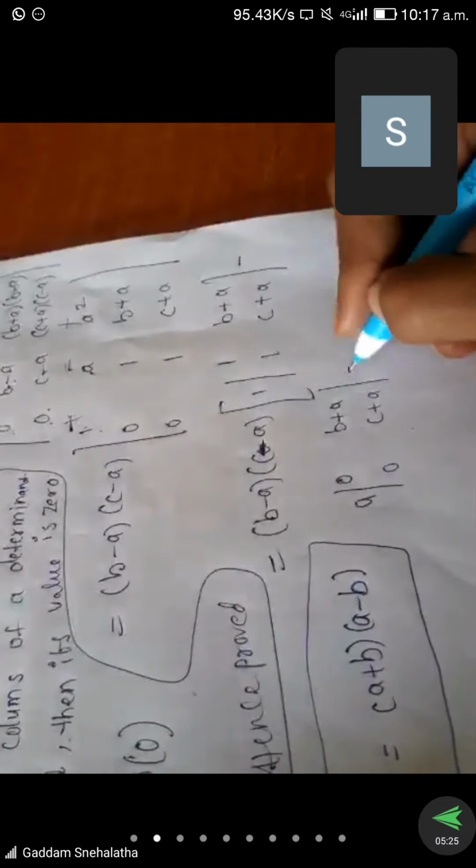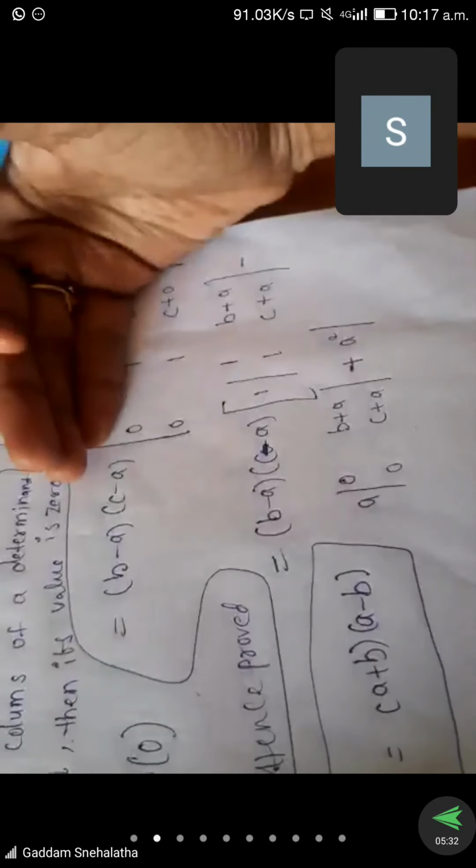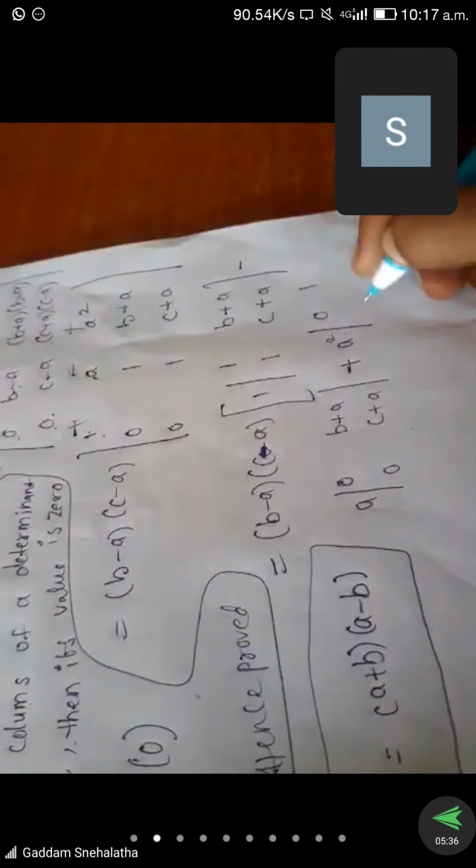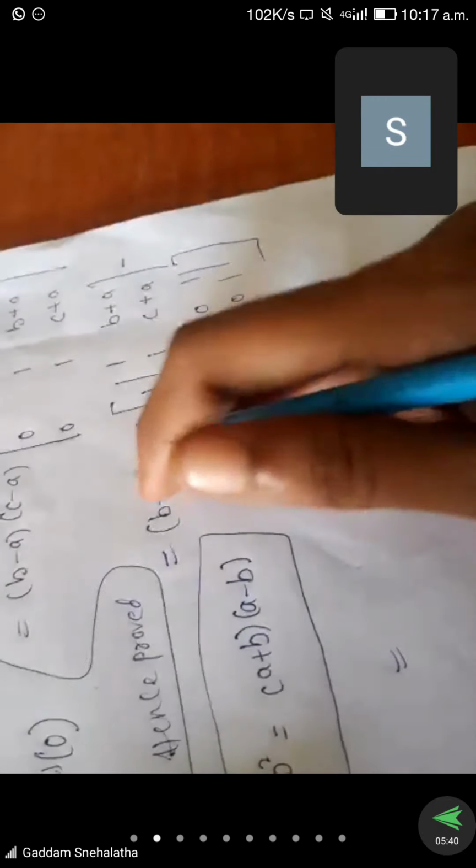So next plus what we have here? A square. So if I leave this column and this row, what do I get? 0 1 0 1. So what I get here?